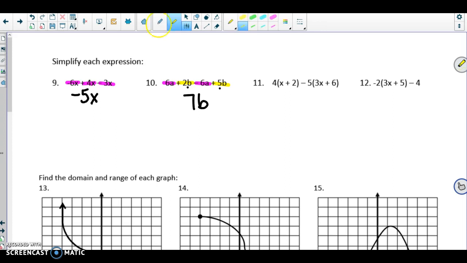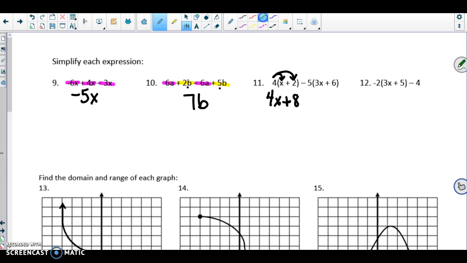And then for number 11, I see some parentheses. So before I can do anything, I've got to distribute. I'm distributing here and here. If I take the 4 and distribute, I have 4x and then plus 8. Okay, and then I've got another set of parentheses.